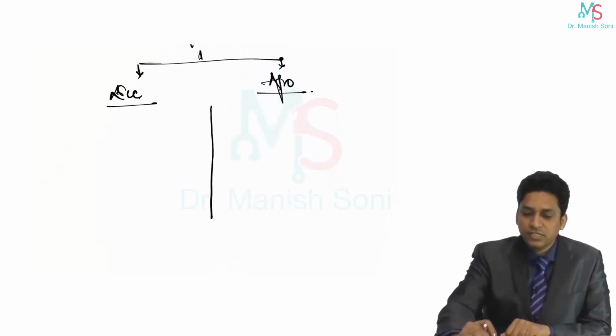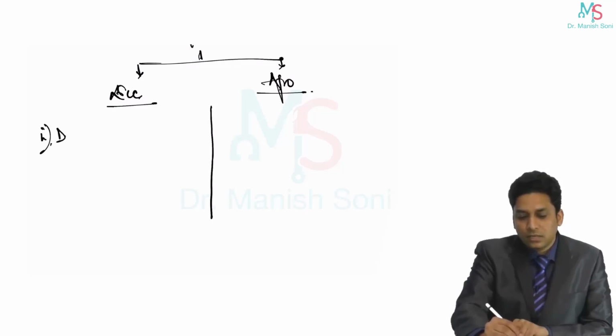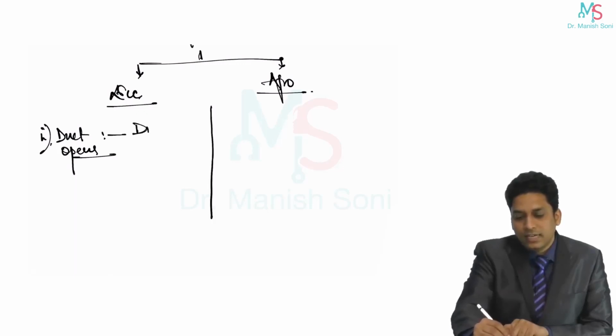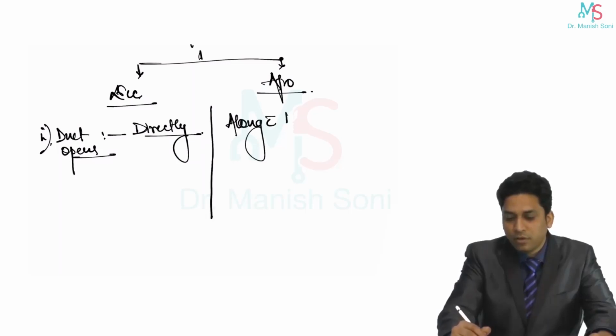So if we see the differences between eccrine and apocrine, the first difference is where the duct opens. Here the duct opens directly over the skin surface, while in apocrine it opens along with hair follicle.